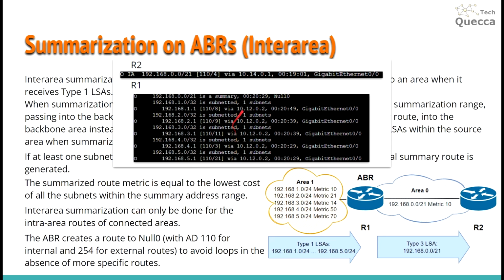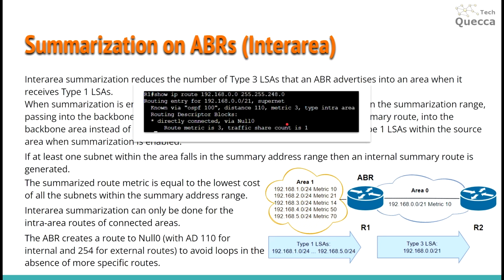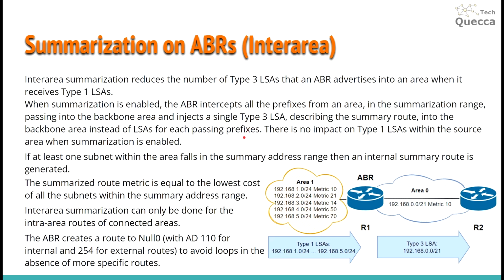And this null interface has an administrative distance of 110 for internal routes and 254 for external routes.